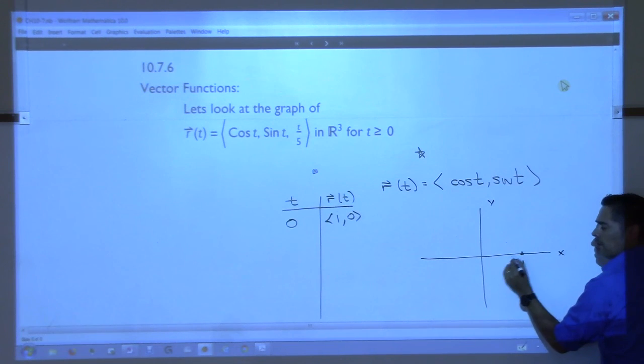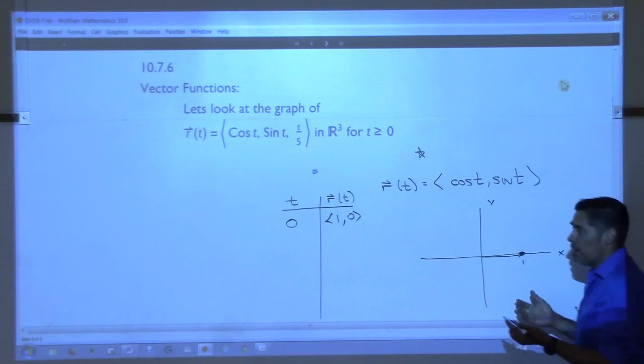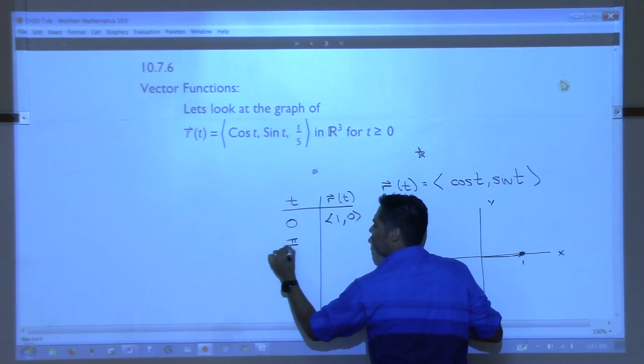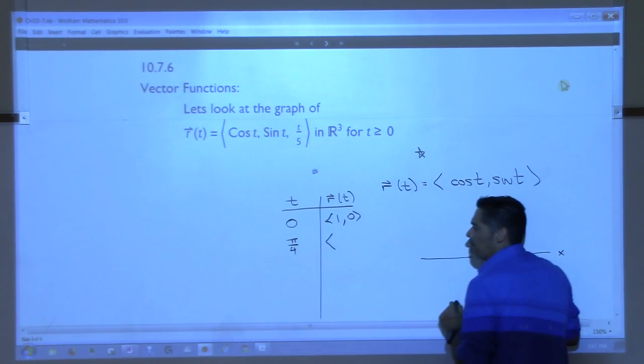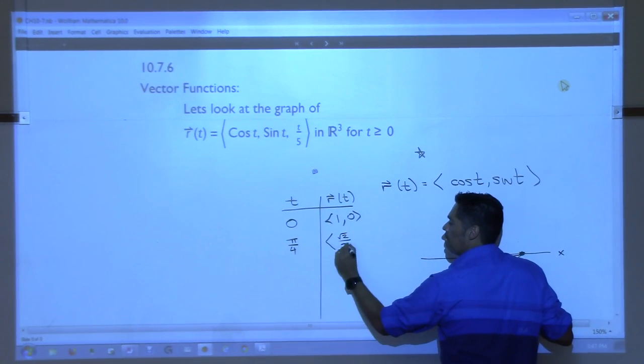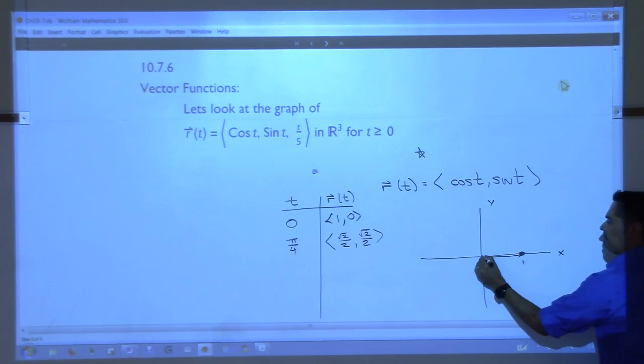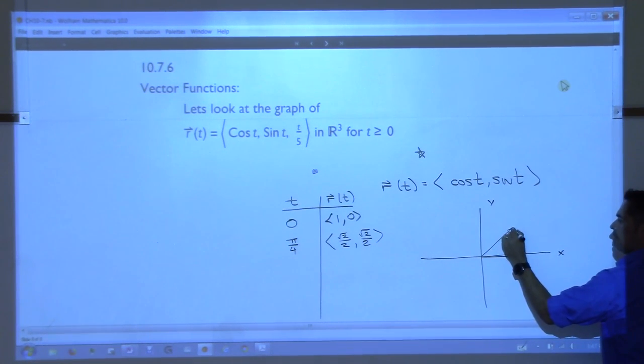We'd be here, wouldn't we? And there would be a vector that takes us to that point. And then let's pick another value of t. Because these are trig functions, I'm going to use some values that we're familiar with, like pi over 4. Cosine of pi over 4 would be root 2 over 2, and same with sine. And that would take us like here, right?